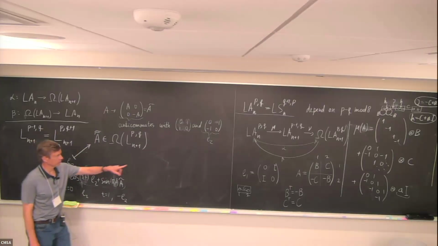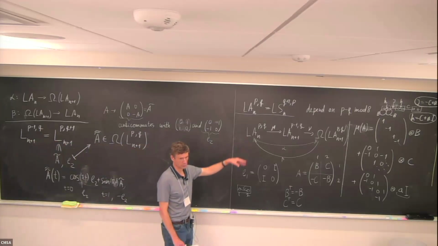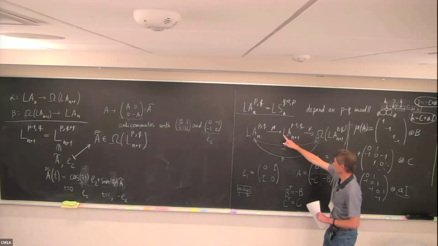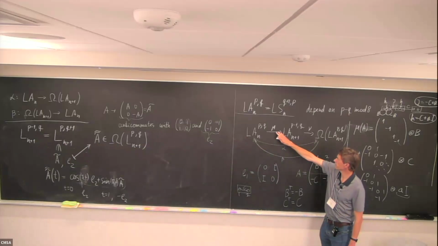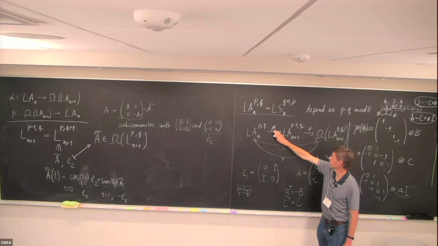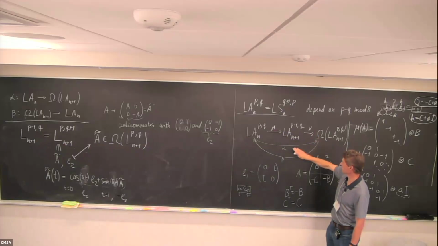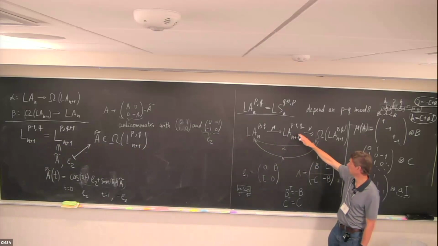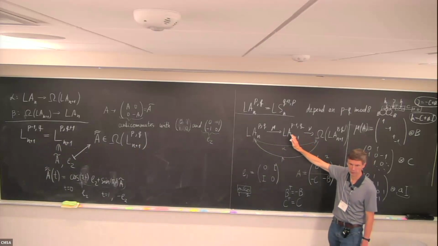And actually, one can use this diagram to prove things. Let me just make some claims. I claim that the composition of two maps is homotopy equivalent to alpha. I'll not show it. It will take some time to prove that.